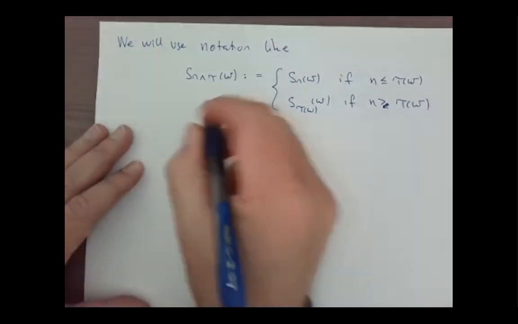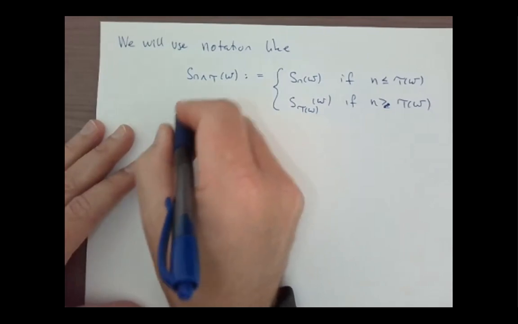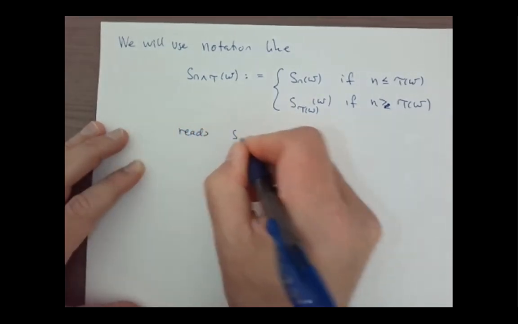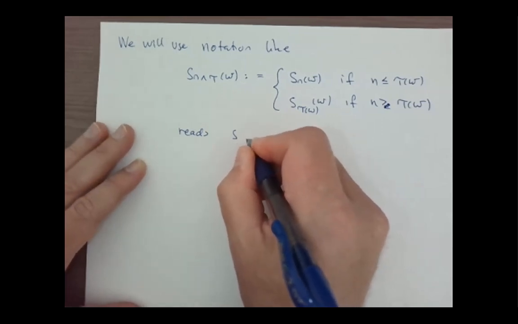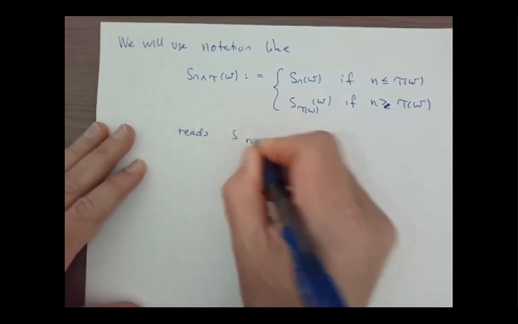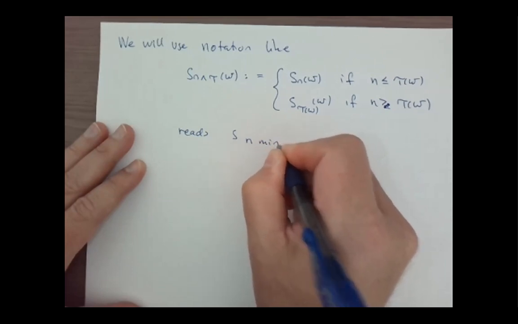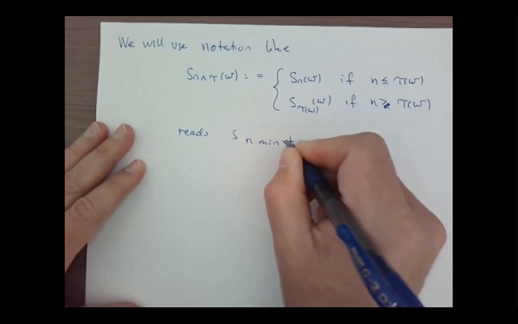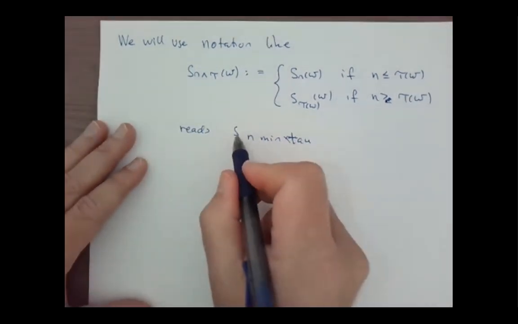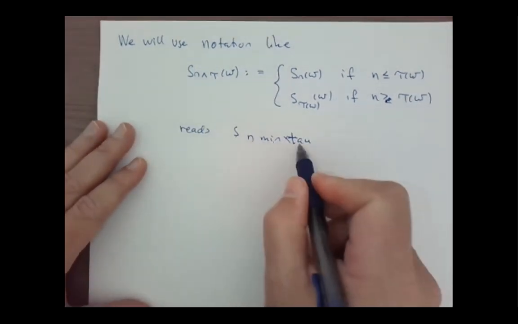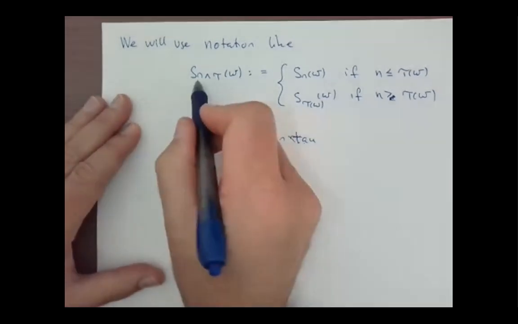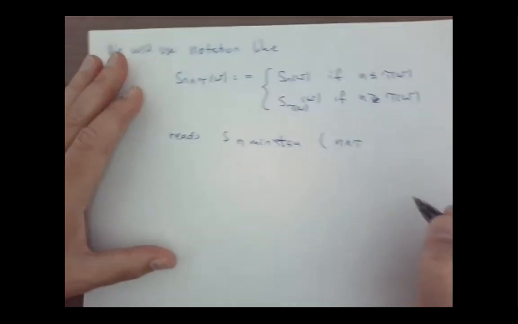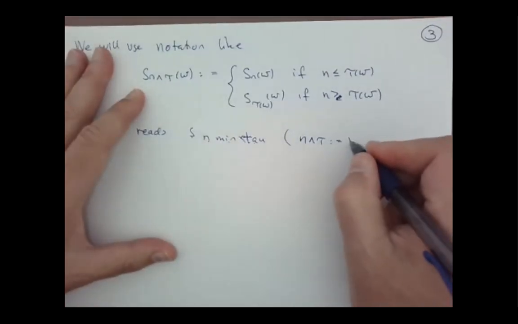So this process here reads S n min tau, like that symbol up here. This symbol here, this is the min.